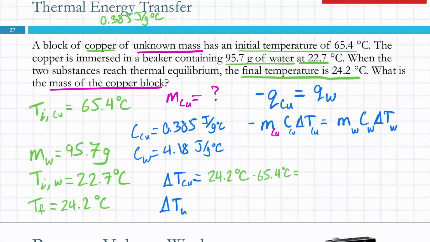Our ΔT for the water is equal to 24.2 degrees Celsius, because that's our final temperature, minus the initial temperature of the water, 22.7 degrees Celsius. I'm rushing to try to give us the most lab time possible. So those are our ΔT values.